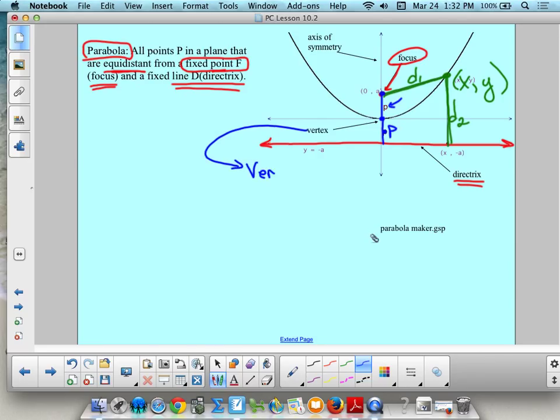So to me, I would write this. My vertex will always be equal to the midpoint between the focus and directrix. Period.